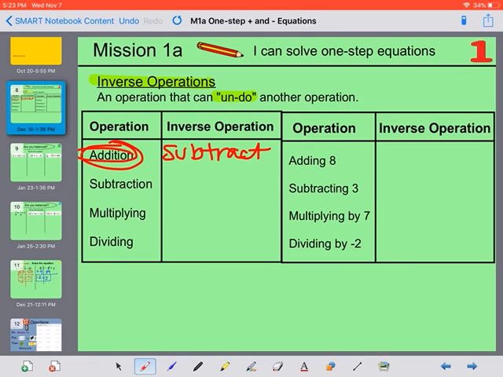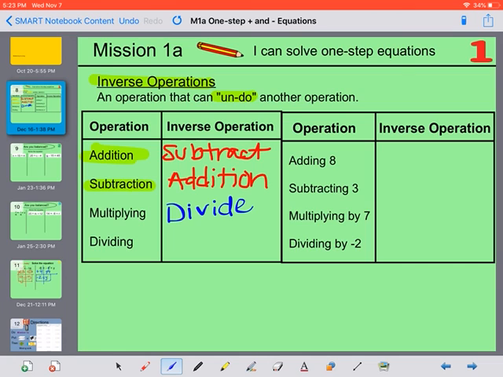Then the opposite of subtracting would be adding, or addition. So these two go together. Adding and subtracting are inverses of each other. And multiplying and dividing are also inverses of each other. So instead of multiplying by something, if I wanted to undo that, I would divide.